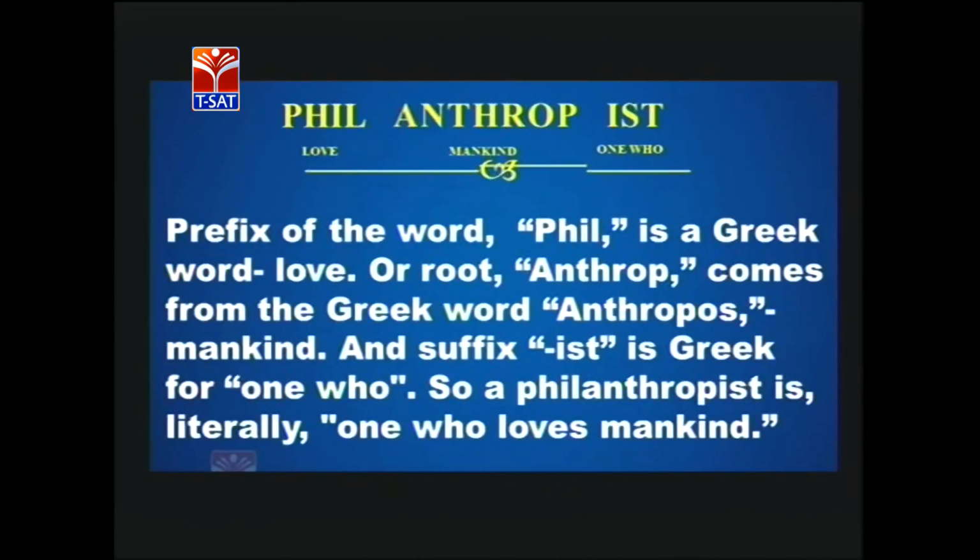Now, let's see the following word: philanthropist. The first part, the prefix phil, comes from a Greek word meaning love. The middle, or root, anthropos, comes from a Greek word meaning mankind.